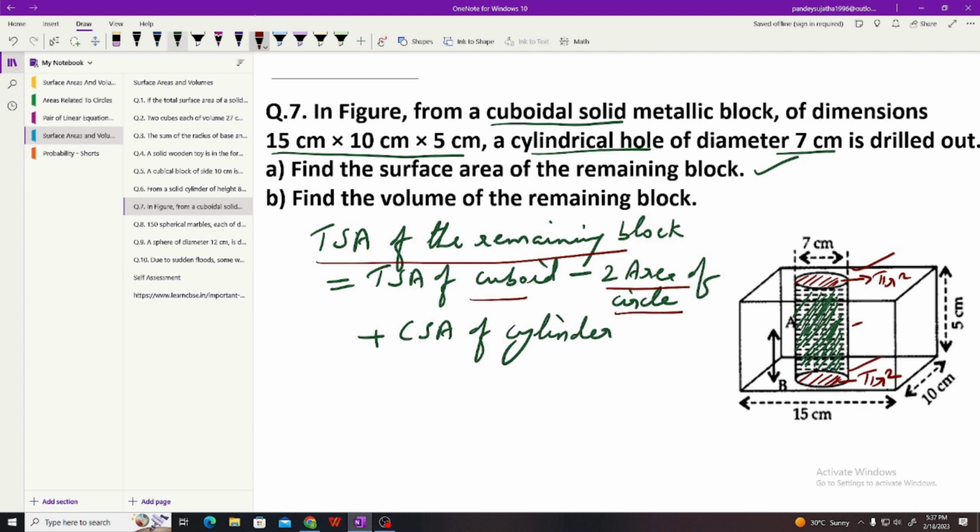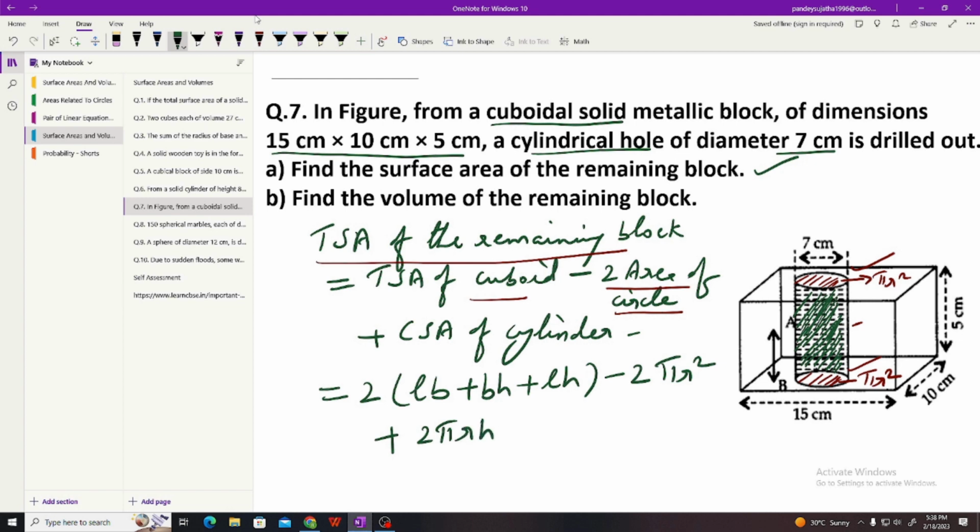So write the formula. Total surface area of cuboid is 2 into length into breadth plus breadth into height plus length into height, minus 2 times area of circle, which is pi r square, plus curved surface area of cylinder, which is 2 pi r h.